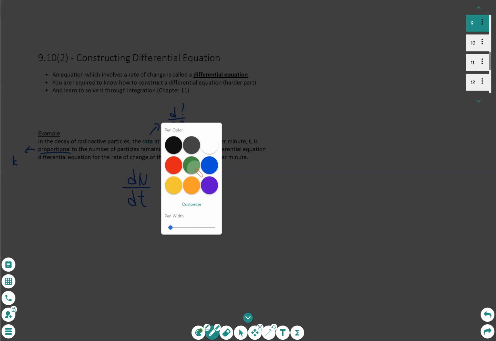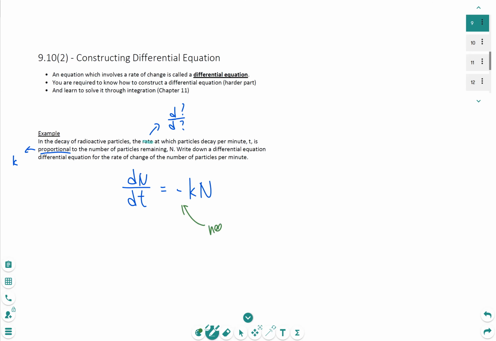Negative, because decay means decreasing rate of change. So that's the answer, and that's how we construct one quite easily.